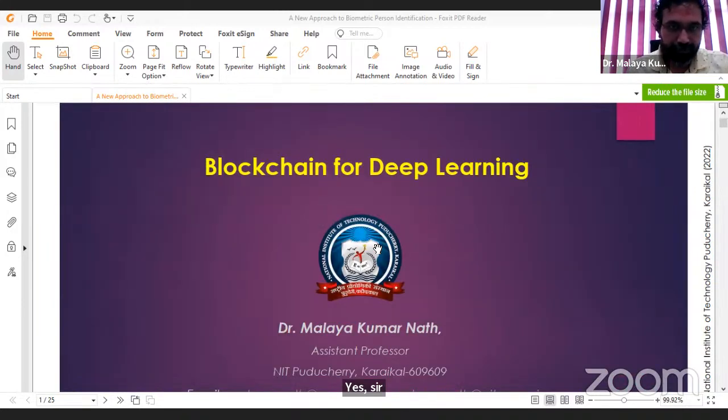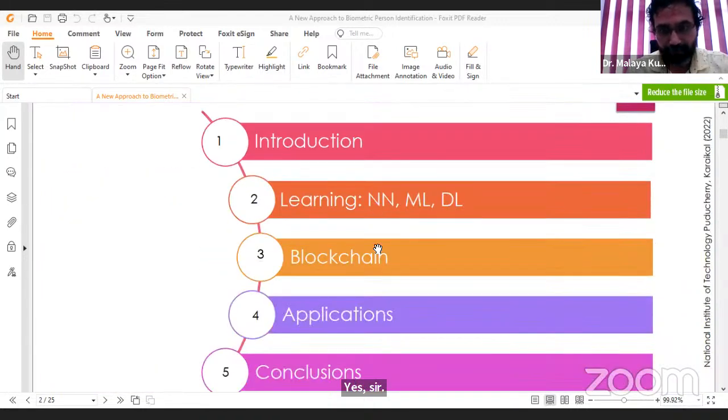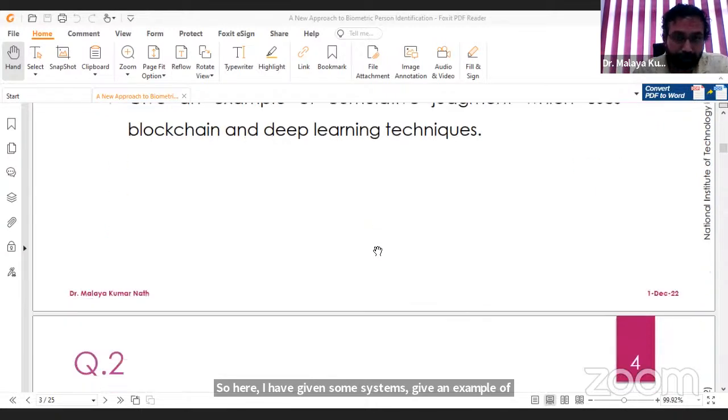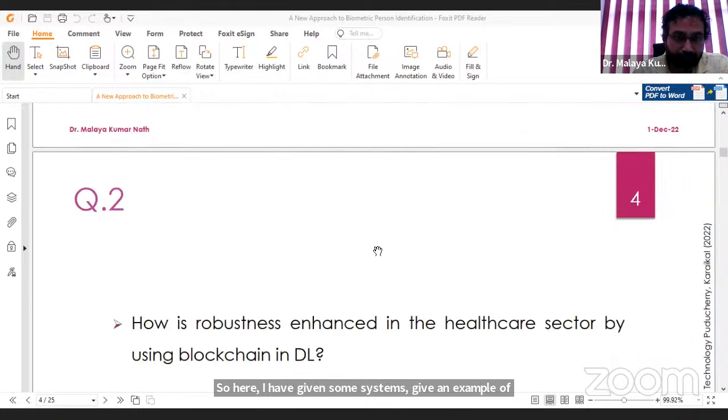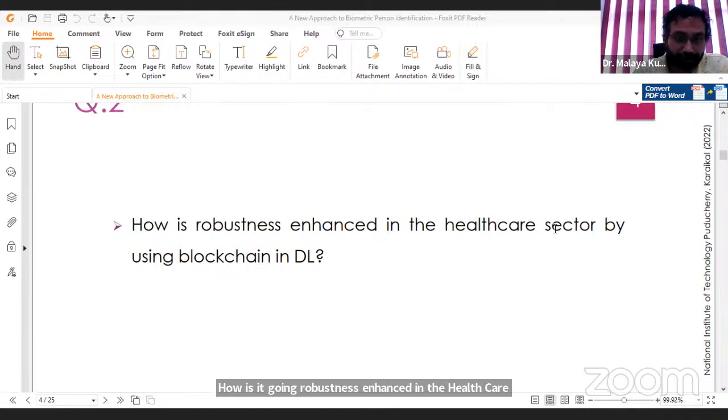This morning we discussed blockchain for deep learning, particularly in healthcare applications. Here I have given some questions. Give an example of cumulative judgment which uses blockchain as well as deep learning techniques. How is the robustness enhanced in the healthcare sector by using blockchain in deep learning?